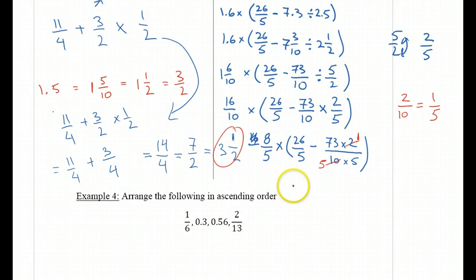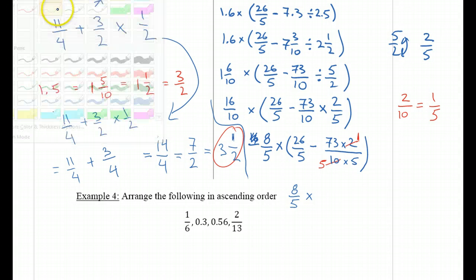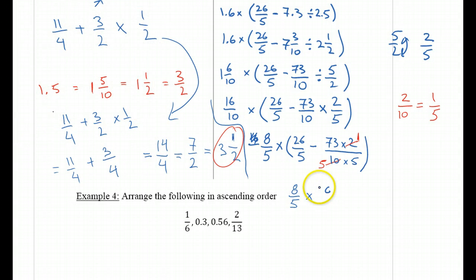All right, so now I have, this by the way is the other one. So I have 8 over 5 times, let me get my fat pen back, times 26, that's in brackets, over 5, minus, and now 73 times 1 is 73, and 5 times 5 is 25.